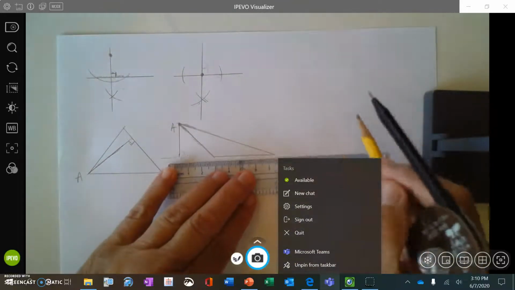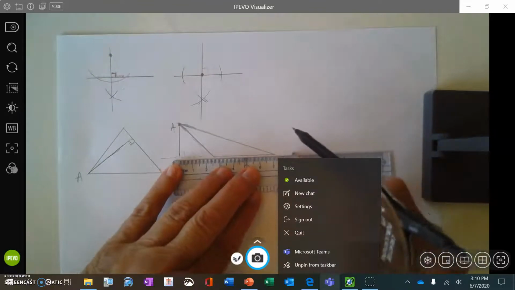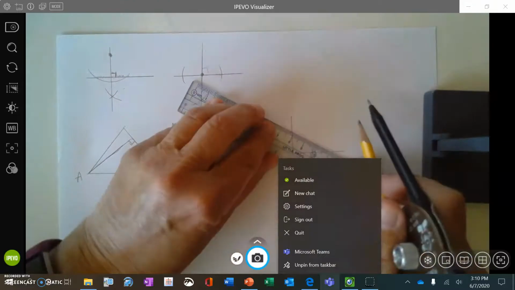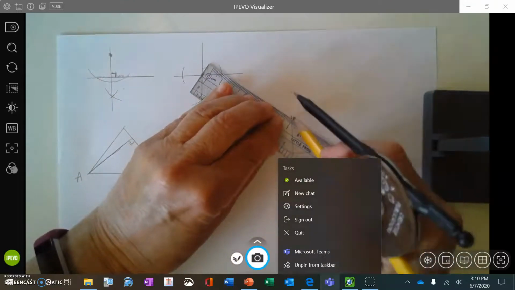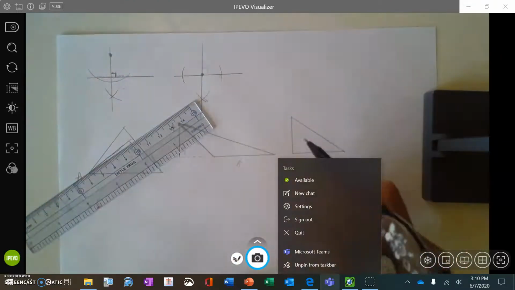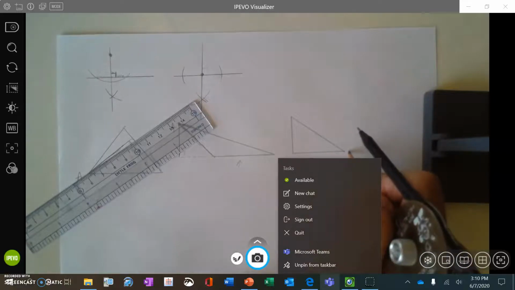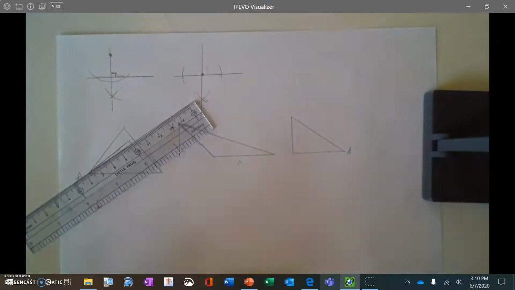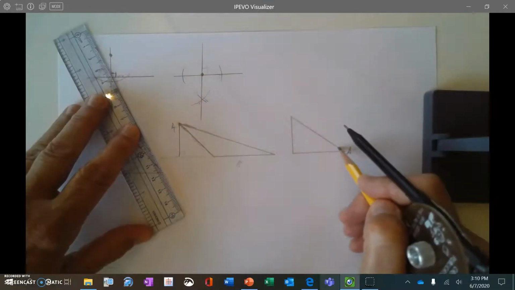Now, what if I had a right triangle? So here is kind of a right triangle, and this is where they put A. Okay, I want to have A here.